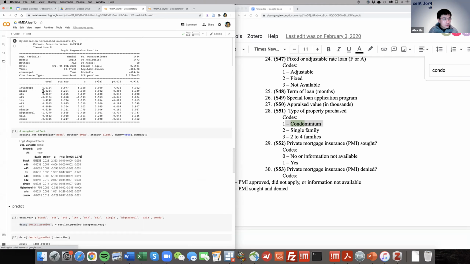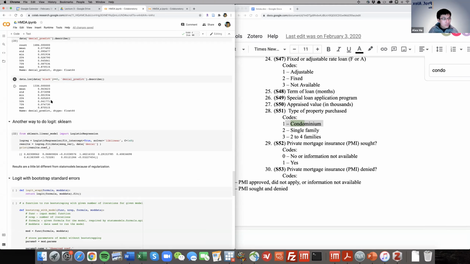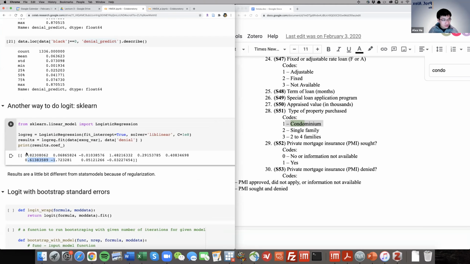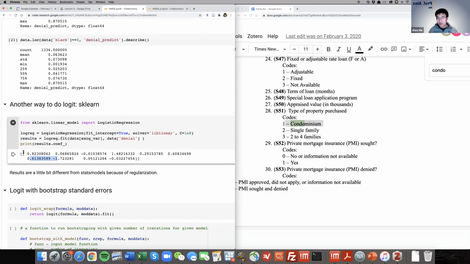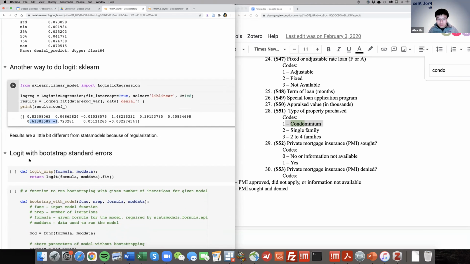Here it's 0.8214, from scikit-learn it's 0.8230. It's a little bit different because here you're also doing some regularization, but that's only a very minor difference.